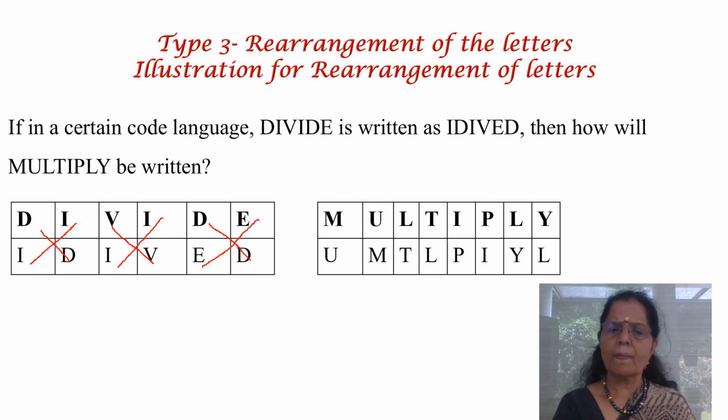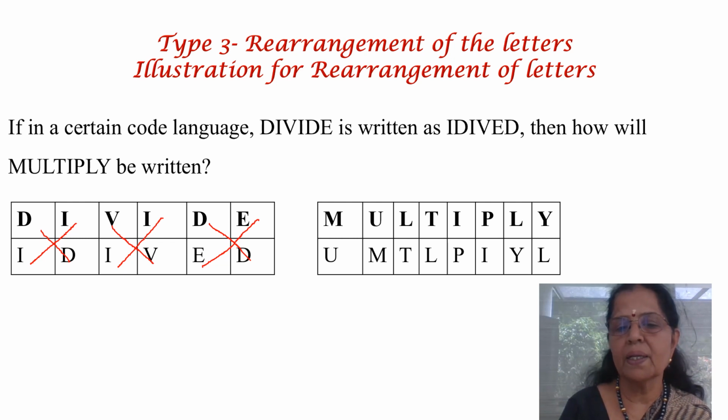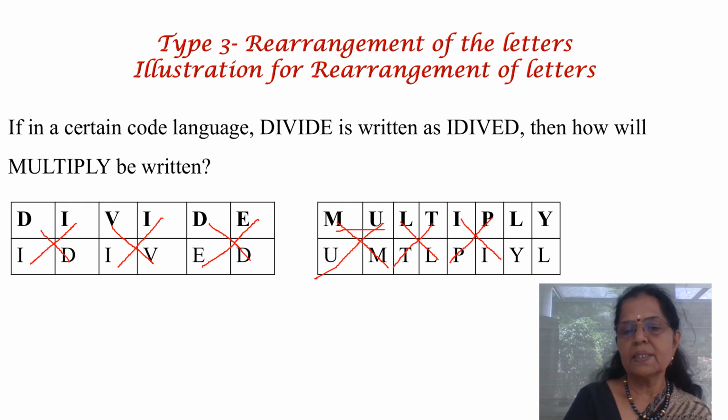So we got the pattern. Now apply the same pattern to the word MULTIPLY. The first two letters M and U are interchanged. U comes here, M goes here, T comes to third place and L goes to fourth place, P comes to fifth place, and the letter I goes to sixth place. In the same way, the seventh place is interchanged with the eighth one.